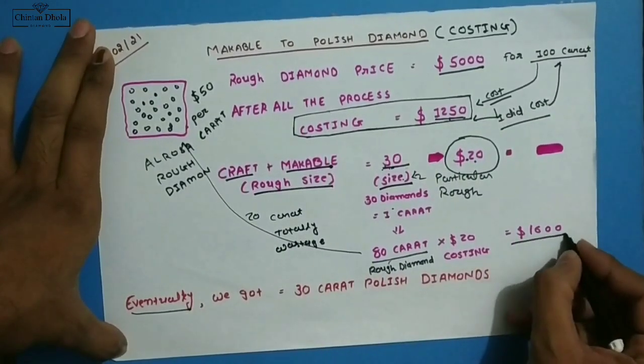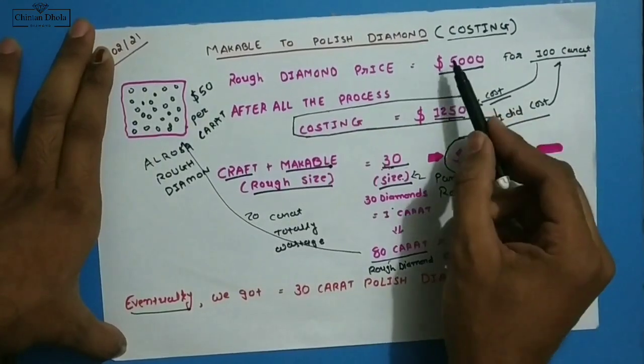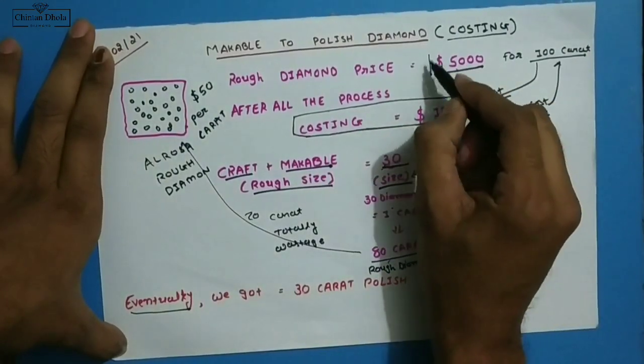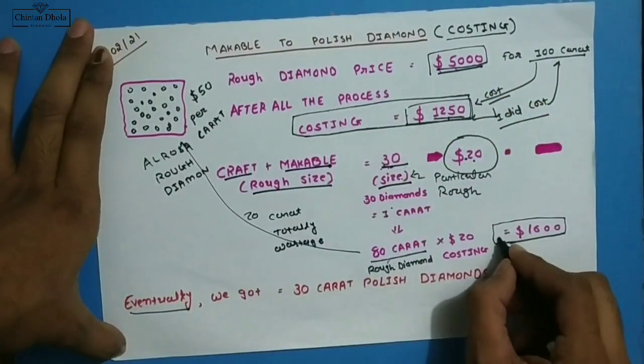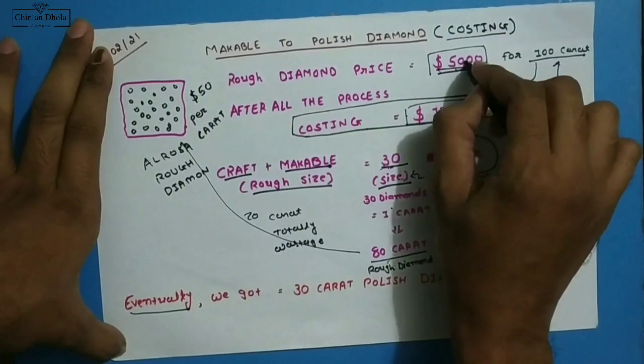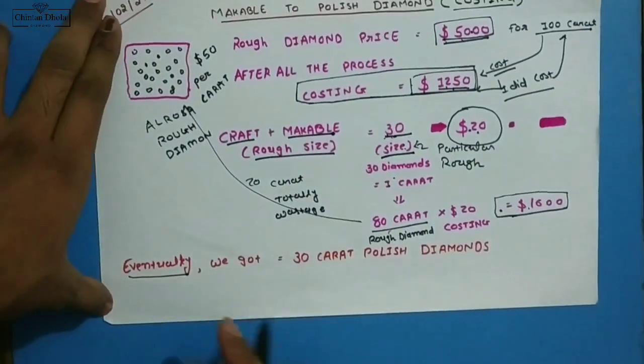So we have to include these $600 from this. We have to include these three. Okay, now look here.